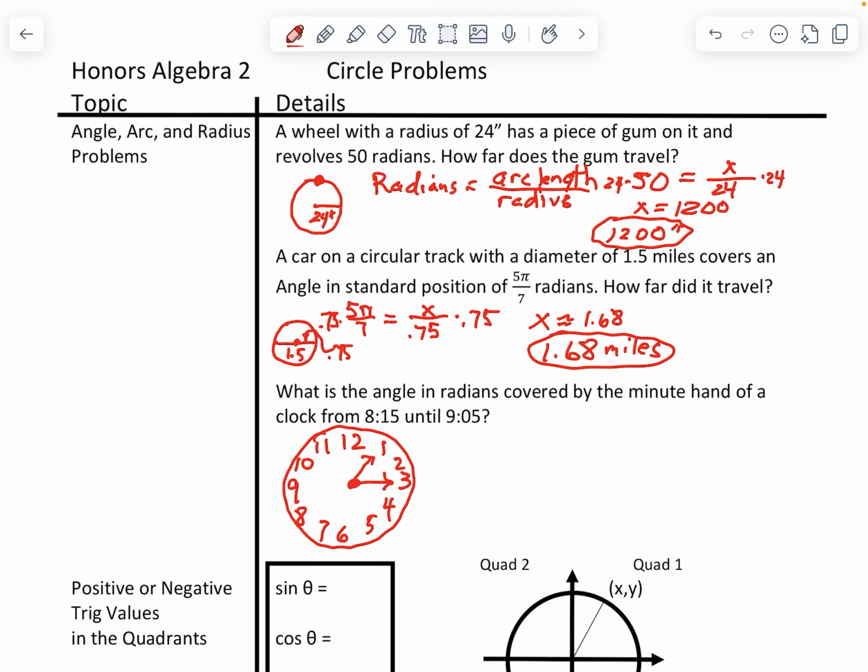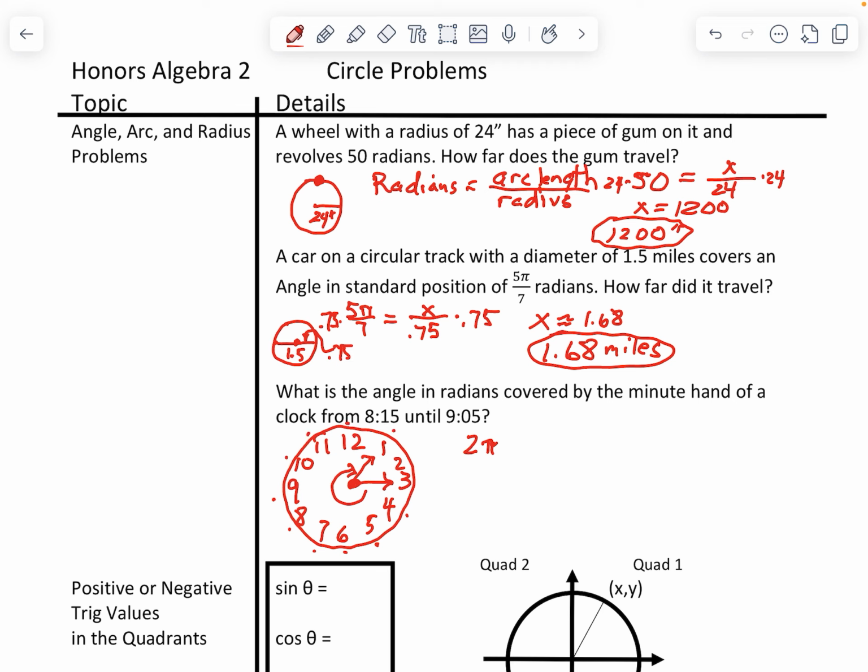It asks what angle in radians is covered by the minute hand of a clock from 8:15 to 9:05. So it's going this way to get to that point. We need to recognize that a full circle in radians is 2 pi, and that we've gone from 3 to 1, which means we've gone 10 of the numbers around the clock out of the 12.